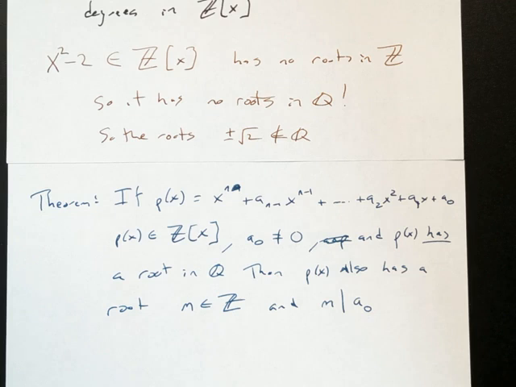There are no roots that divide the last number, therefore there can be no roots in Q. I just did the contrapositive.